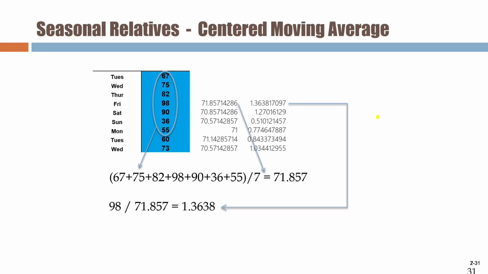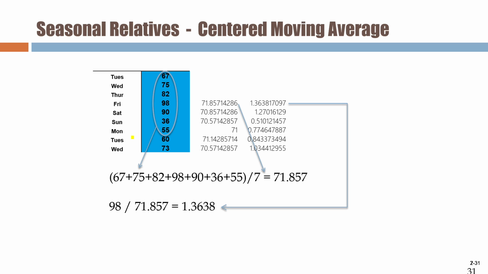First one is the central moving average. What we're trying to capture here is every day of the week, right? Maybe a restaurant has this kind of pattern. Every day of the week, the number of customers is different, because we don't go to the restaurant that much on Monday, Tuesday, but we go on Friday or Saturday a lot.